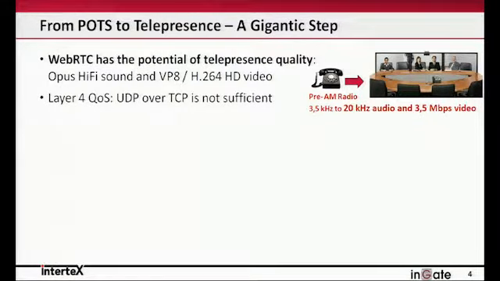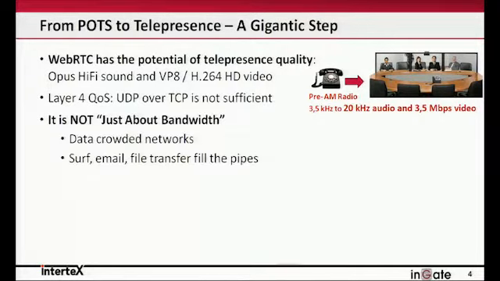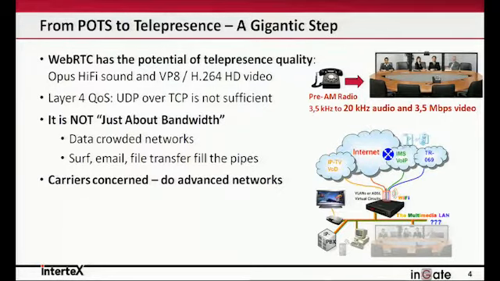And we can't just rely on UDP passing better than TCP. And it's not all about bandwidth. The bandwidth is mostly full of data traffic. You surf, you email, and it always fills the pipe intermittently. And carriers are concerned about these things, and they've been building triple play networks with special networks for VoIP for years.